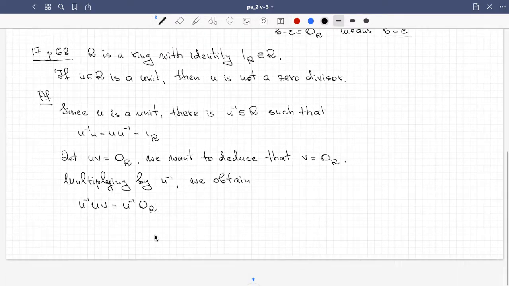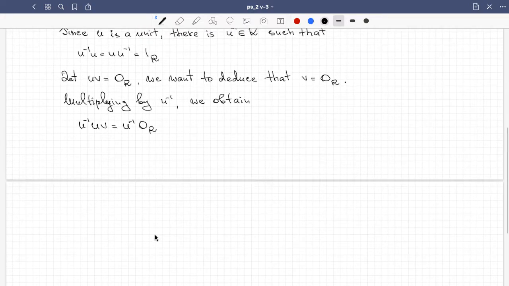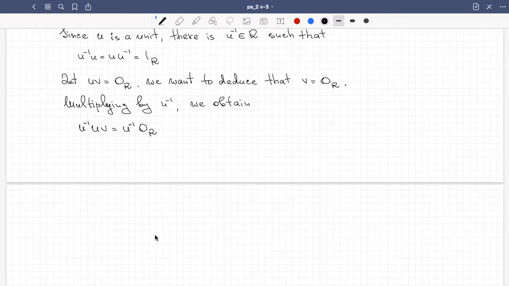Now we know that multiplication is associative, so U inverse U is 1, and 1 times V is V. Let me write one more row. We write it as 1_R V equals, and any element of our ring multiplied by 0 in the ring is 0.